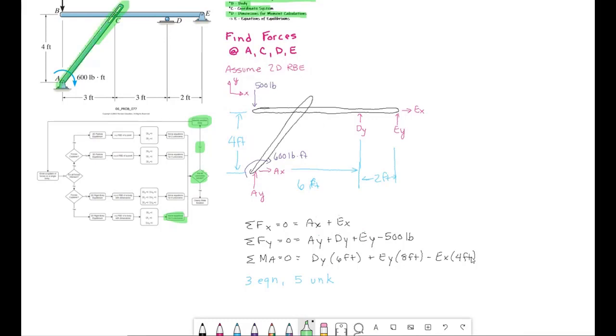AC has unknowns at A and C. The connection at C is a pin, which is going to be a single unknown. So that's only 3 unknowns. So that's a better place to start. If we did BCD, then we'd have a single unknown at C, a single unknown at D, and 2 unknowns at E. So that would be 4 unknowns. So we're going to start with AC.